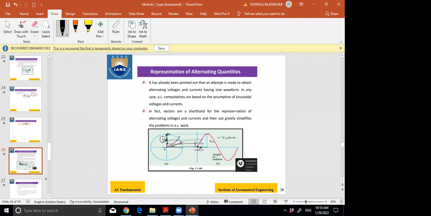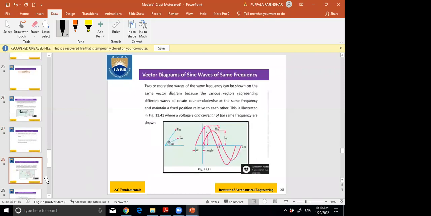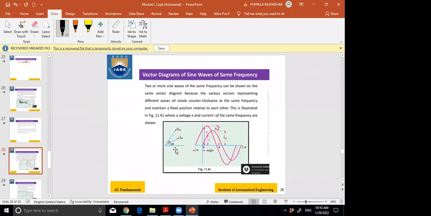In this way a sinusoidal waveform can be represented in a vectorial or polar form, and we can represent many AC waveforms on a single vectorial or polar picture. This we are considering as a reference, which has started at 0.